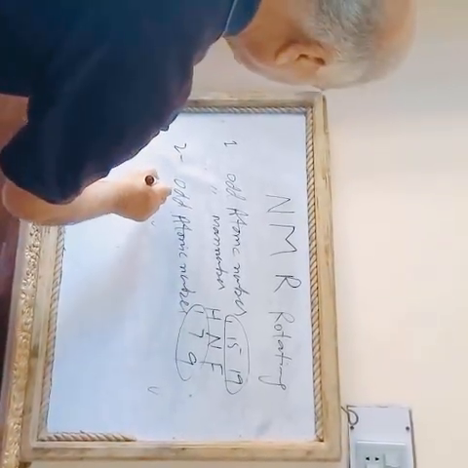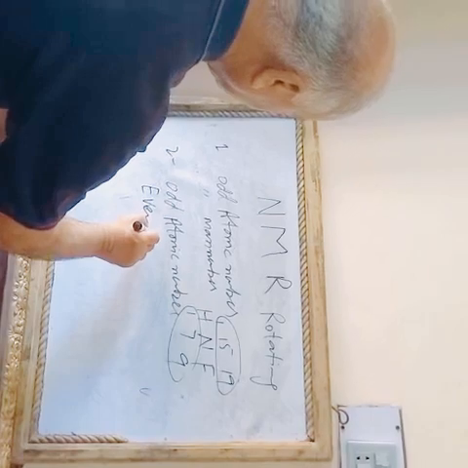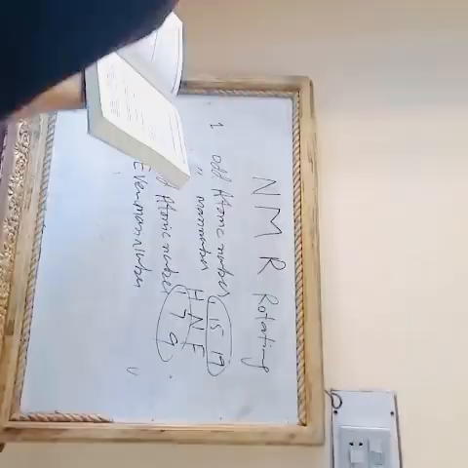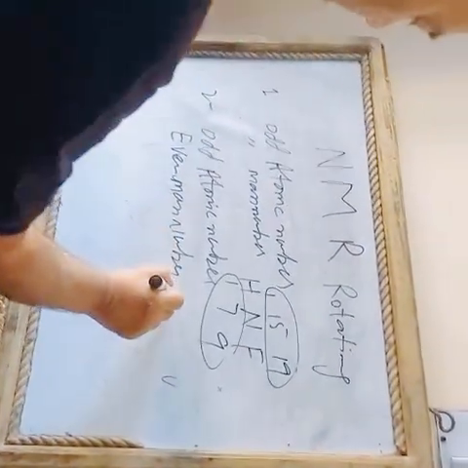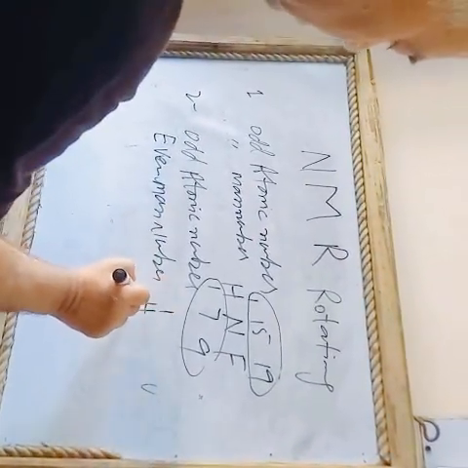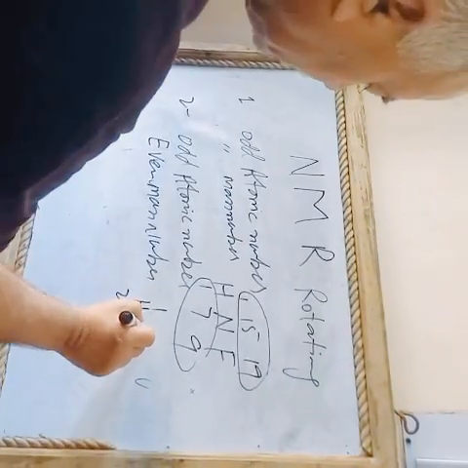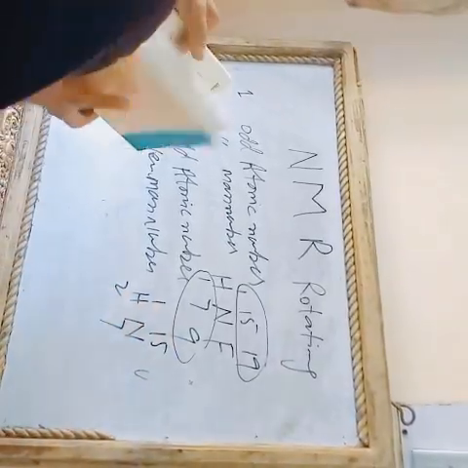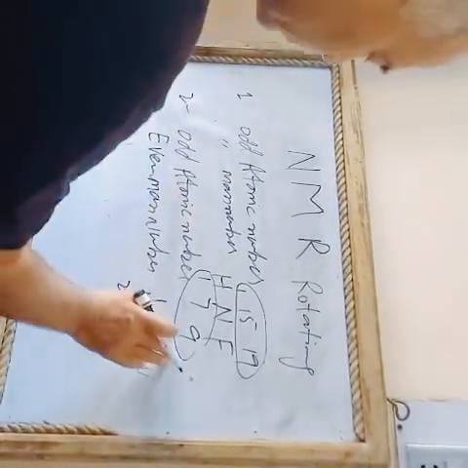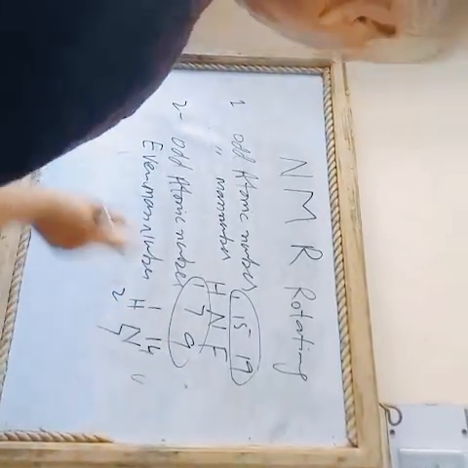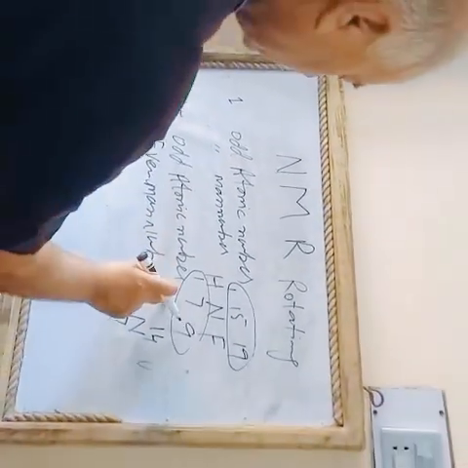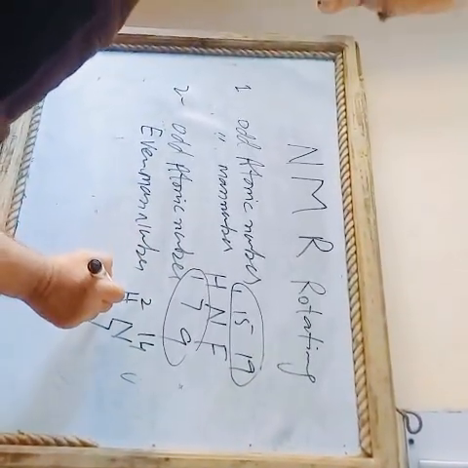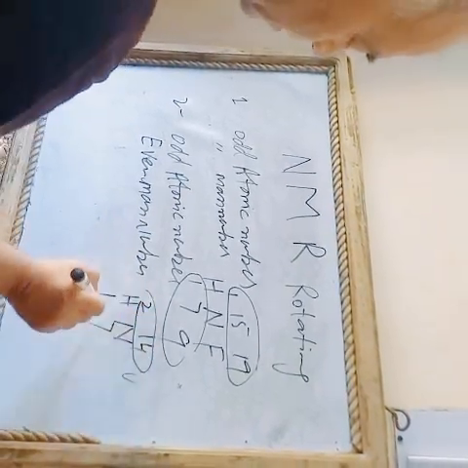These include hydrogen and nitrogen 14. Here, sorry, 2 and 1.